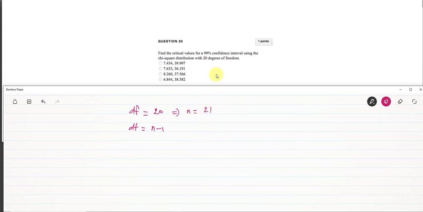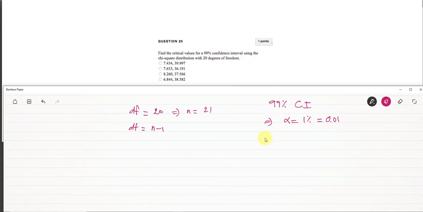Okay, and again they give you 99% confidence interval. Then that means your alpha is 1%, or 0.01. And now we are looking to get the critical value of the 99% confidence interval.